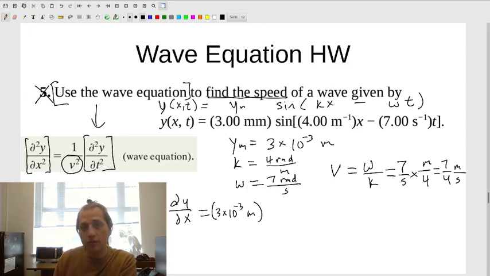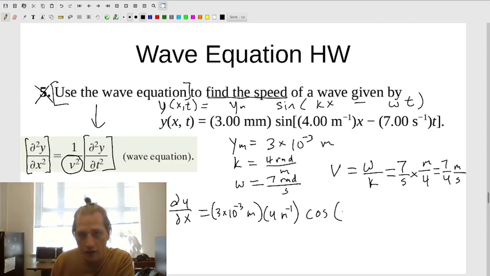And then I'm going to have to use my chain rule. So I'm going to take a 4 inverse meters. And then the derivative of sine is cosine, so this would be cosine of 4 inverse meters x minus 7 inverse seconds times t.